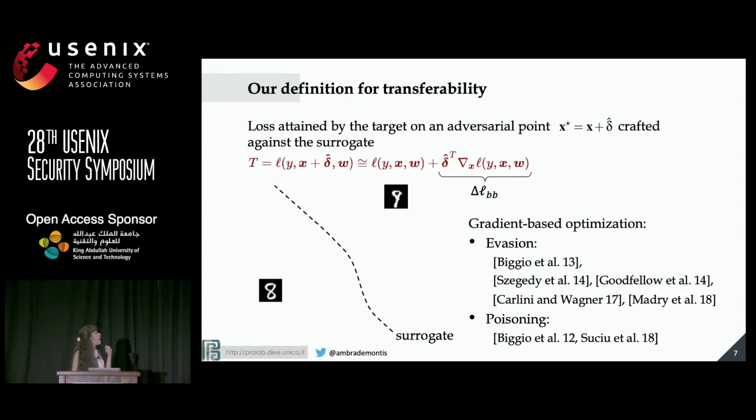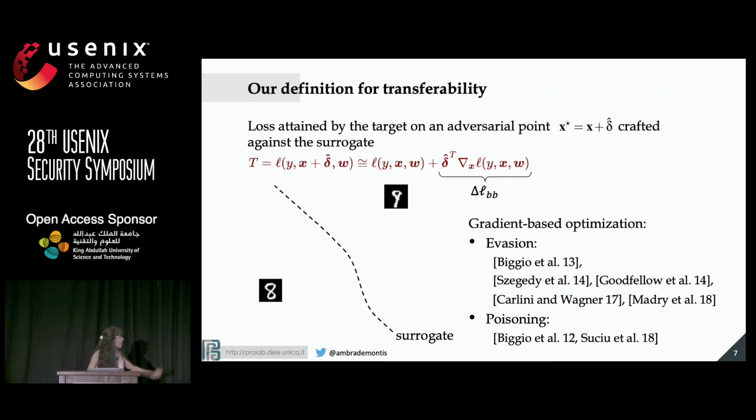He can use a gradient-based algorithm. The first gradient-based evasion and poisoning algorithms were devised in 2013 and 2012 by Biggio et al. Then there has been a lot of work regarding evasion attacks, while there is less work regarding poisoning.